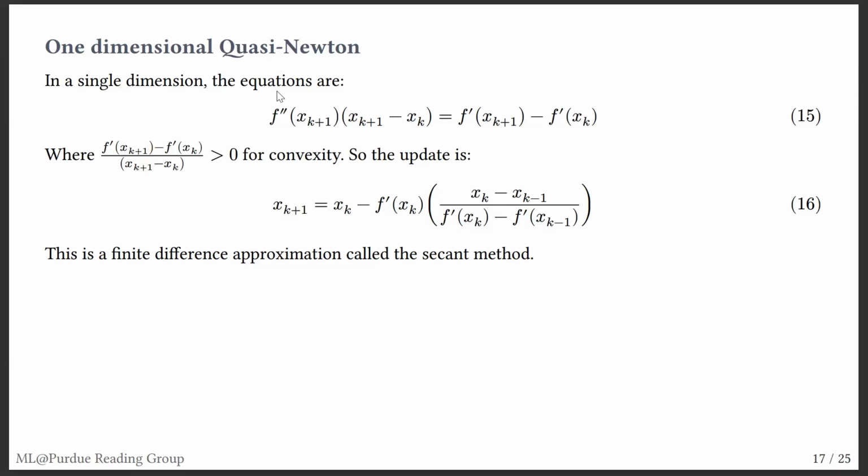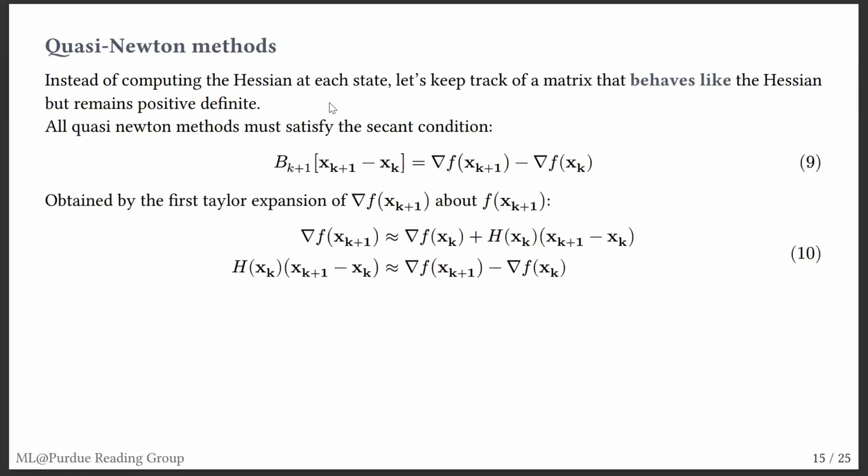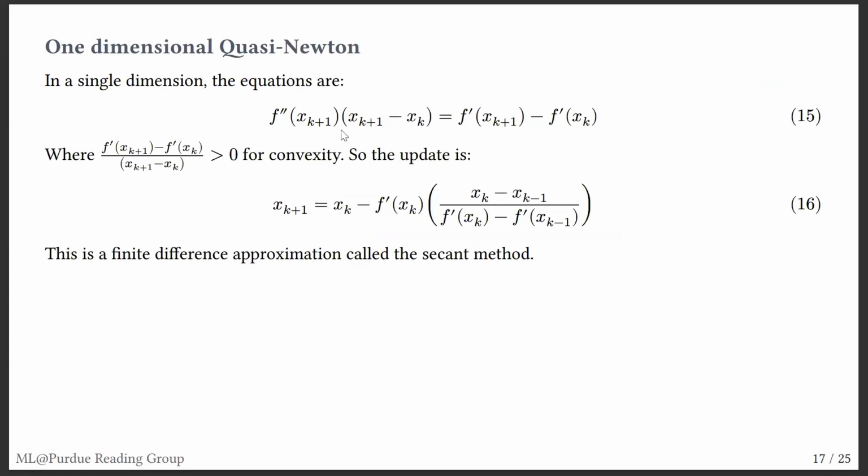So that's essentially the secant condition, right? We rewrite this back into one dimension, and you know that this implies convexity, because this is essentially your approximation of the Hessian, and so it has to be positive if you want to be convex.